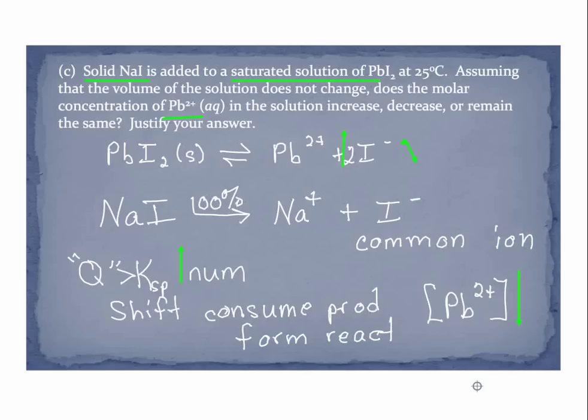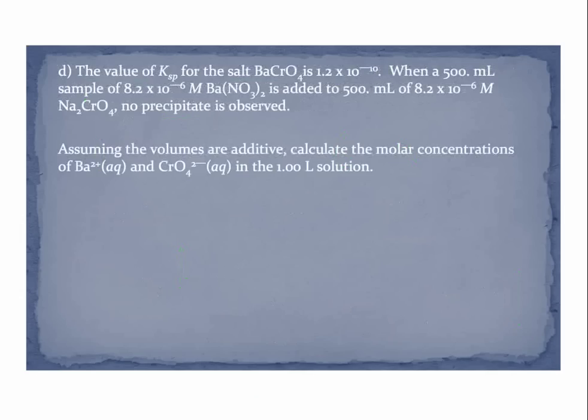Okay? So you would see a decrease in this. We would actually see an increase in the amount of solid that forms. Right? So. All right, now it's shifting to another KSP.